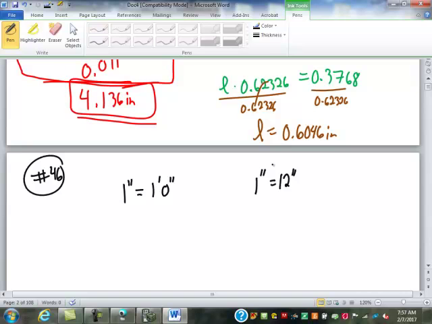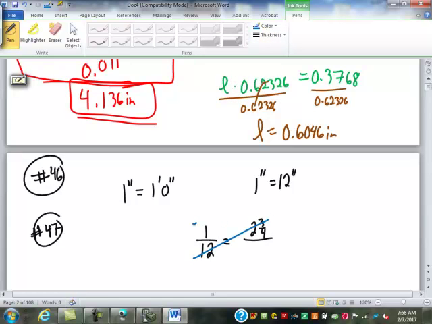Okay. So then, since we're on that, we'll do number 47 here. A part that is drawn 2 3/4 inches. So we've got the 1 to 12 ratio. 2 3/4, does that go with the 1 or the 12? The 1. Because the 1 is the drawn.